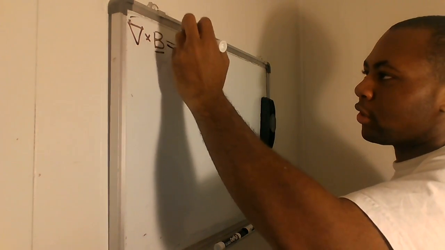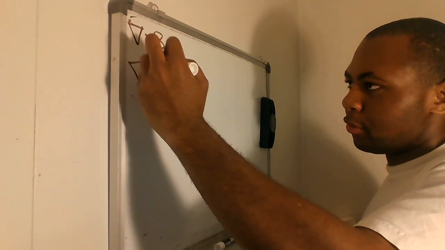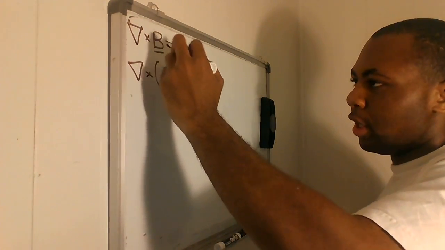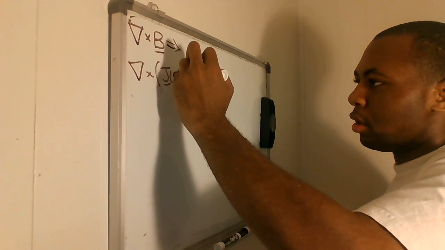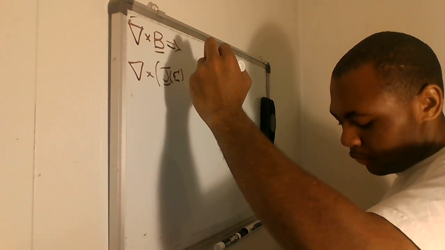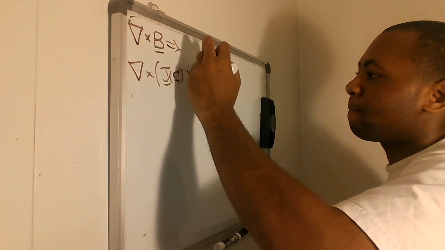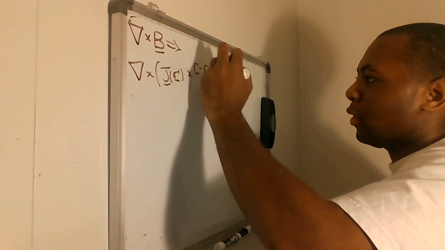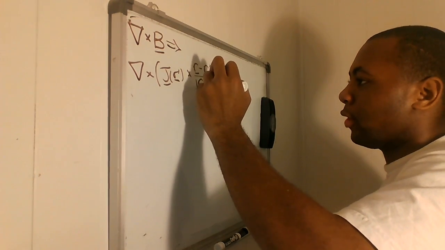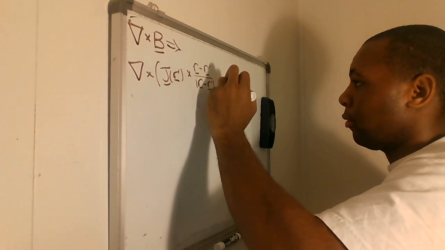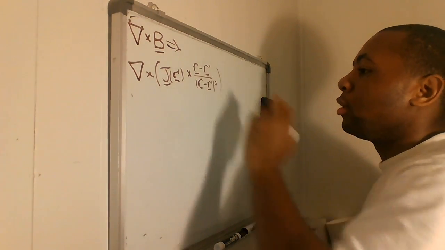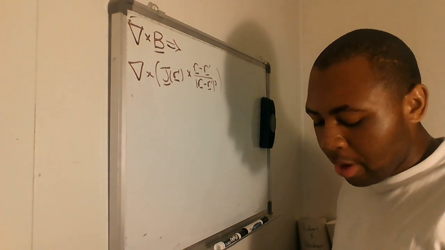And this more or less comes down to the cross between J cross the difference vector. I might start writing down curly R, even though I don't like curly R, because Robert needs a break.